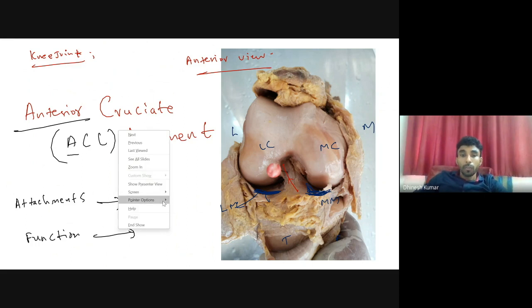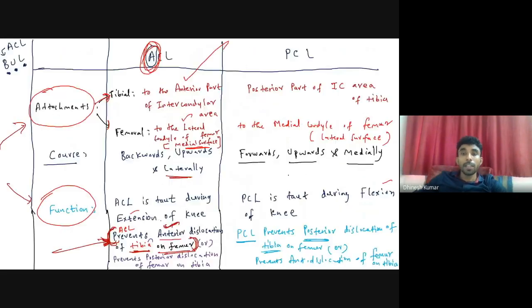The tibia bone is here, and the fibula will be here. Fibula is the lateral bone of the leg. So the lateral meniscus or medial meniscus also may be pinned. Take care which structure is pinned.